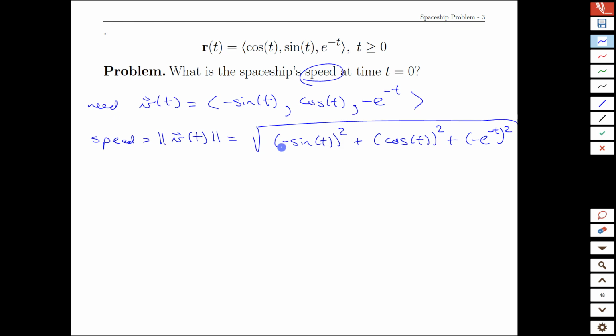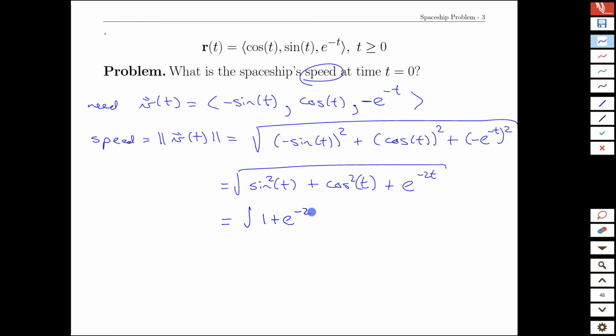If we take a careful look at that, the negatives inside the square, what we get is square root of sine squared t plus cos squared t, and then here we end up with e to the negative t squared is the same as e to the negative 2t. All square rooted. Well, we can go one step further. We don't have to. This is the speed, but we also notice that sine squared plus cos squared equals 1. So our speed as a function of time is given by that expression there.